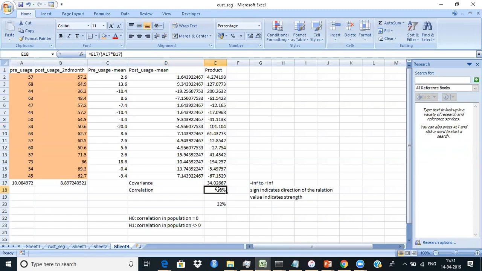It depends. High and low is very subjective. You cannot say whether this correlation is high or low until you have another correlation to compare it with. Say you have another correlation for pre-usage and post-usage after 1 year, and that comes out to be 50%.